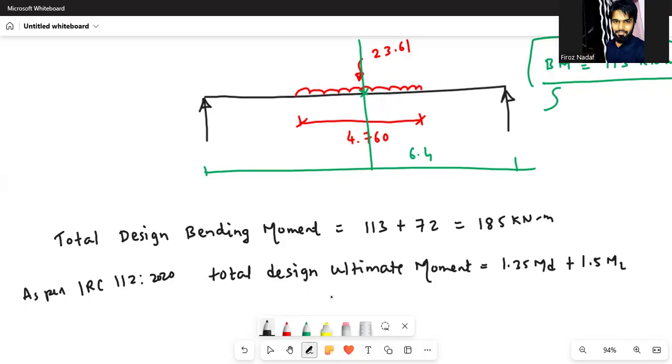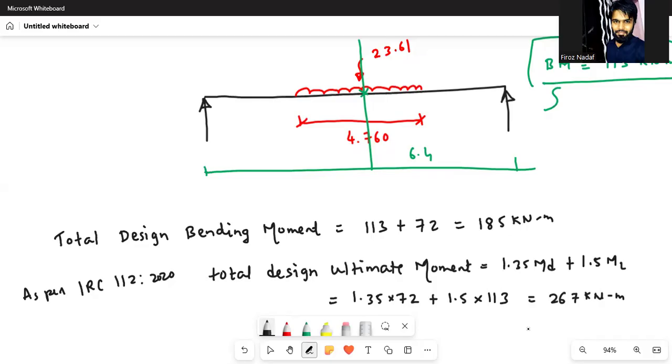So 1.35 into dead load bending moment, that is 72, plus 1.5 into live load bending moment, that is 113, which is equal to 267 kilonewton meter. So this is how you will find the bending moment in the slab culvert.